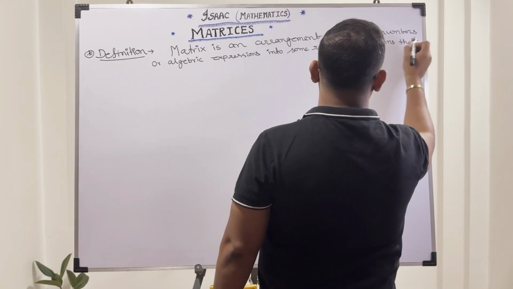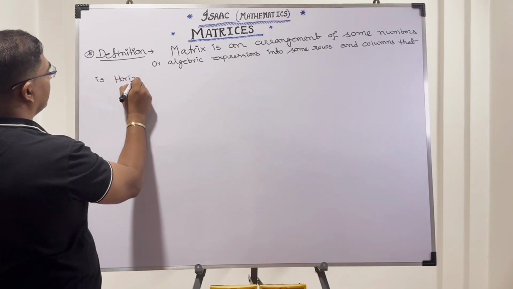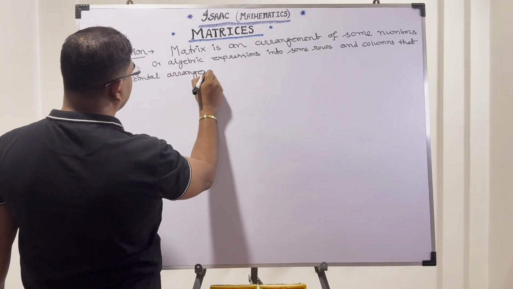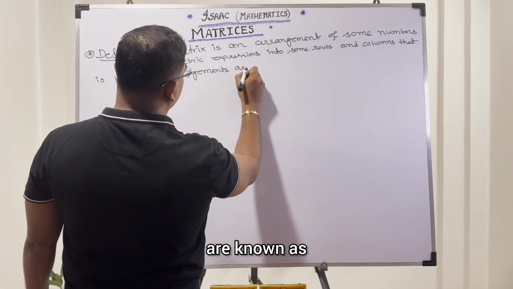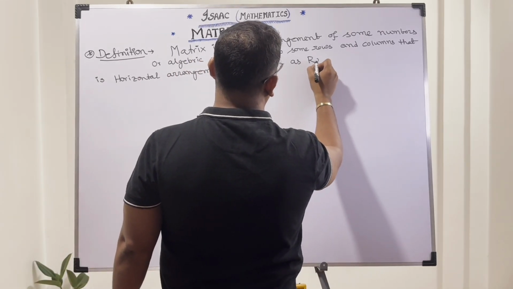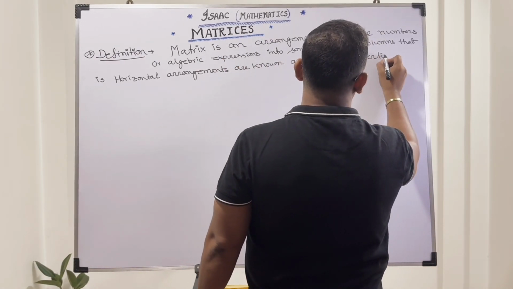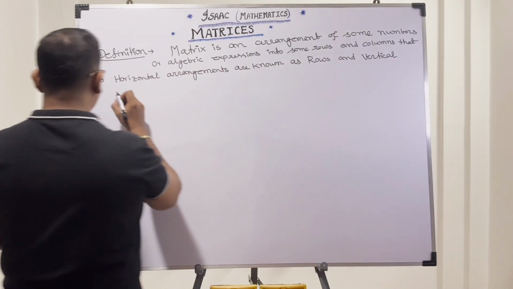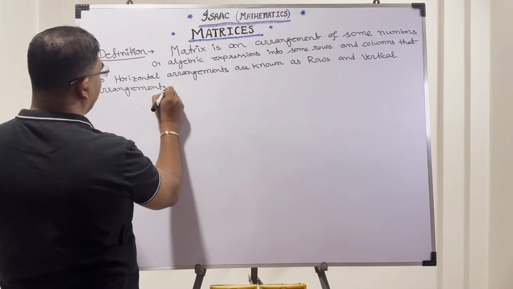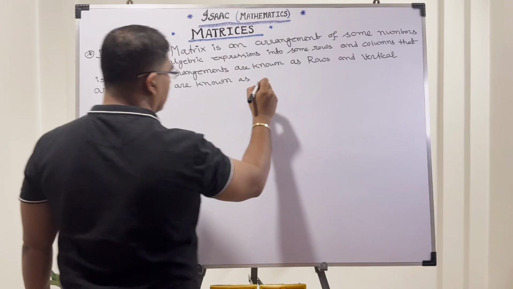That is, horizontal arrangements are known as rows and vertical arrangements are known as columns.